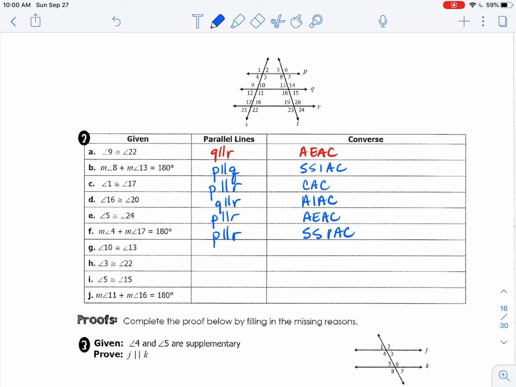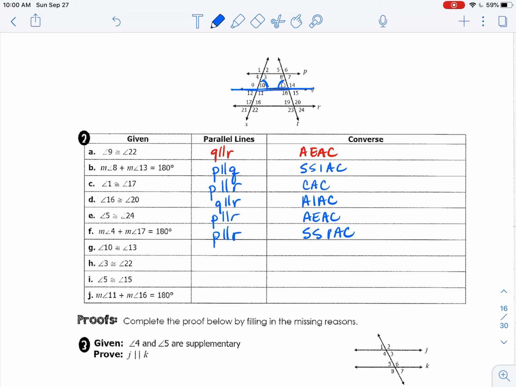Next up is 10 and 13. Angle 10 and angle 13. Okay, so angle 10 is congruent to angle 13. And let's see, this would be the transversal. We're in two different lines. We're in two different groupings.